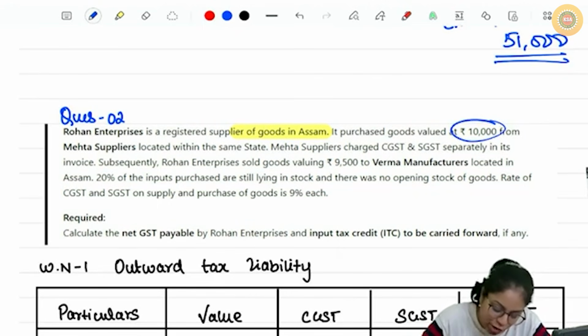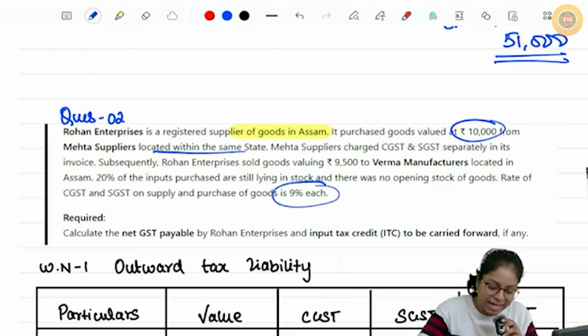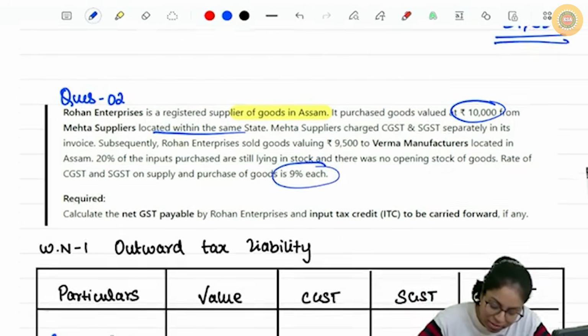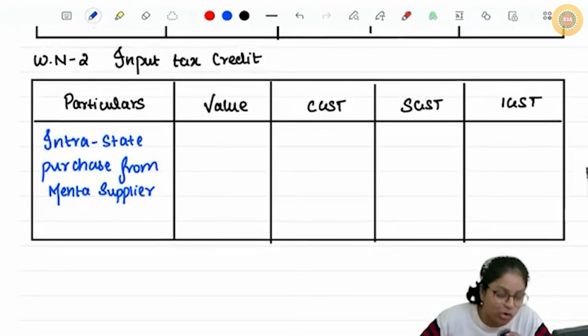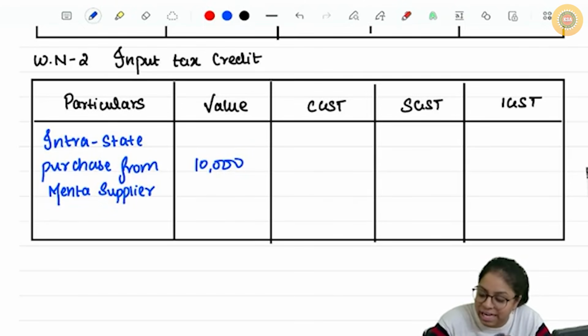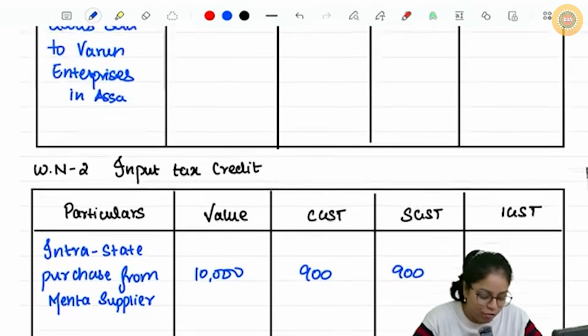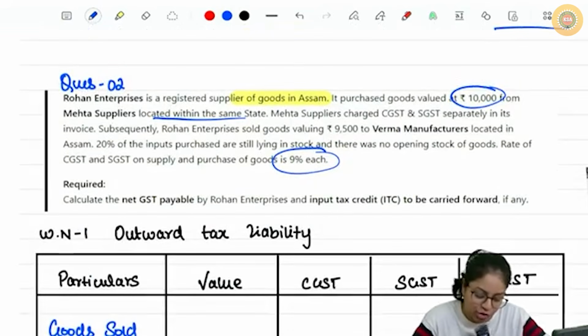How much has he paid? He had paid 10,000 for those inward goods, for that raw material, and it was purchased within the same state. That means it is an intra-state supply of 10,000 and the rate is given to us in the question as 9%. So in working note number 2, which talks about ITC, my value is 10,000 and 10,000 into the rate of tax 9% amounts to 900 each of CGST and SGST, since it is an intra-state purchase of raw material.